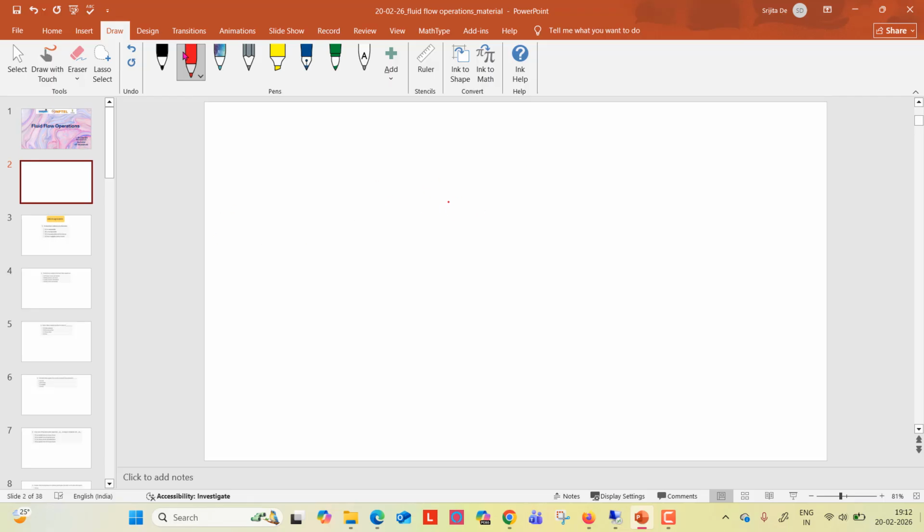That is suppose a cube. And we are considering a 3D control volume. So this is the 3D axis. This is your X, this is your Y direction, and this is the Z direction. Right?